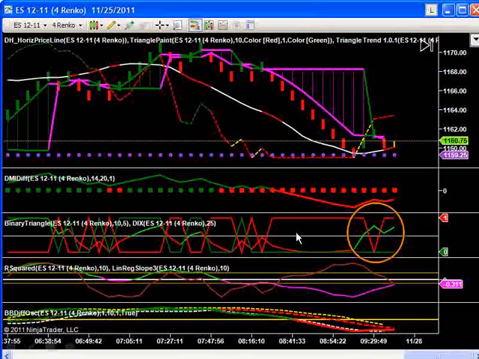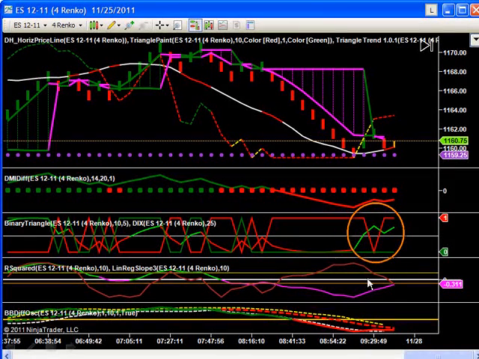Because you're dealing with a preponderance of evidence, here you've got a downtrend. Now here you've got still a downtrend. It looks like it's about to end here, and you've got a downtrend on the LRS. The important thing here is the DMI differential is red.